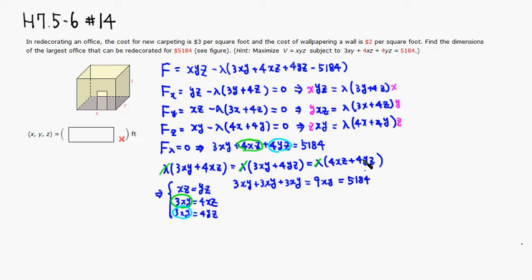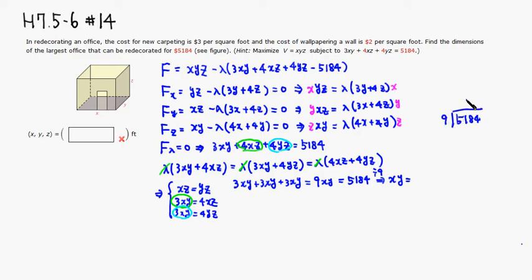5,184, right? And let's divide through by 9. So xy is equal to, let's see, 5,184 divided by 9.